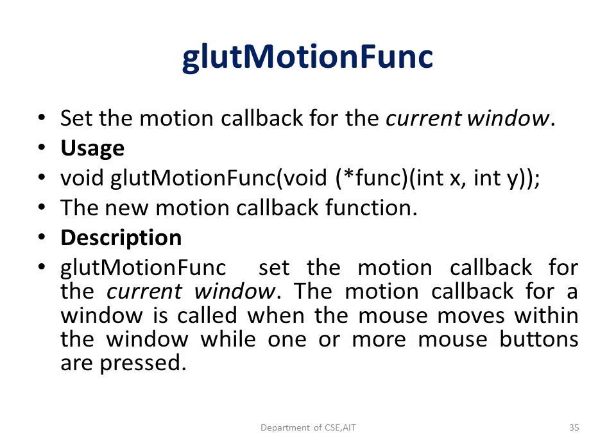The glutMotionFunc function is associated with the mouse. Whenever the mouse is moving within the given window, we can know whether it is within the window by making use of the parameters X and Y. If one or more mouse buttons are pressed, we can make use of the API glutMotionFunc and modify accordingly.